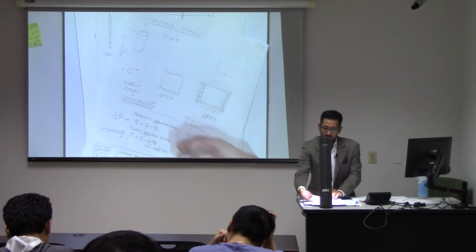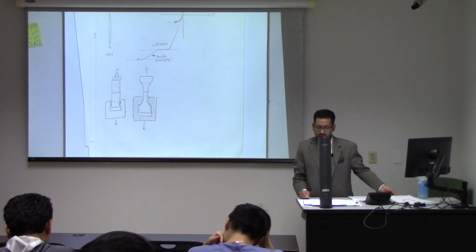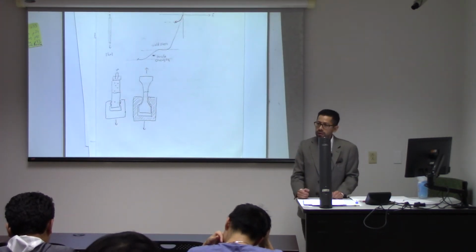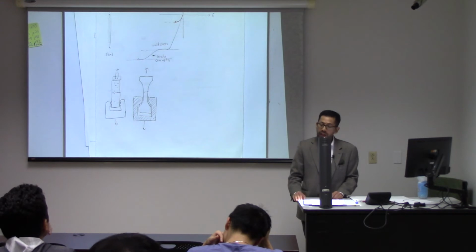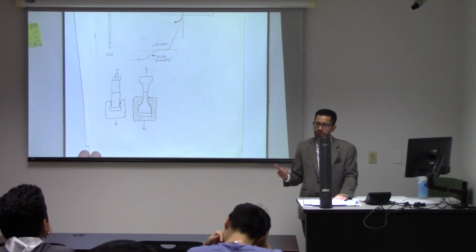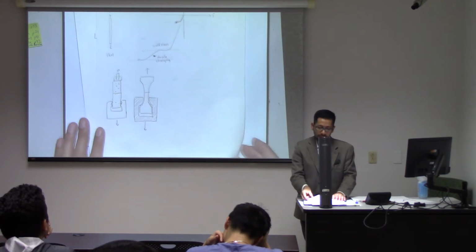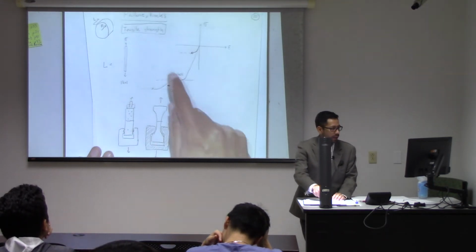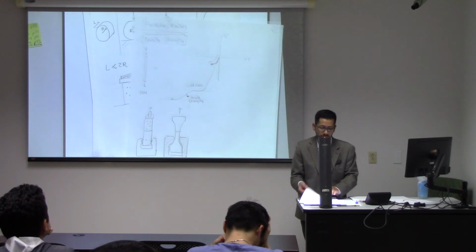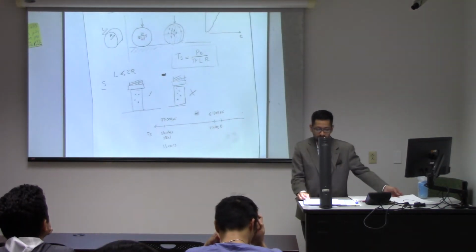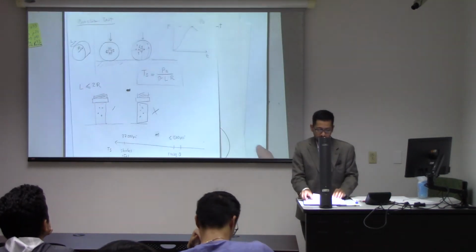So if we go to the next chapter, we have already talked about failure of rocks. We have said that rocks can fail with tension, and that will give you the tensile strength of rocks that you measure in the lab with the Brazilian test.